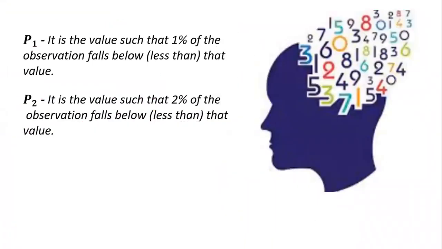For illustration, if we have the first percentile, then it is the value such that 1% of the observations fall below. So when we say falls below, less than that value. When we have the second percentile, it is the value such that 2% of the observations fall below that value.